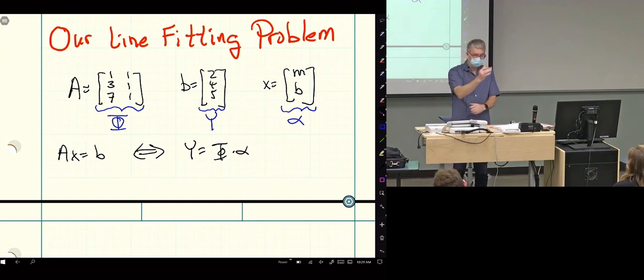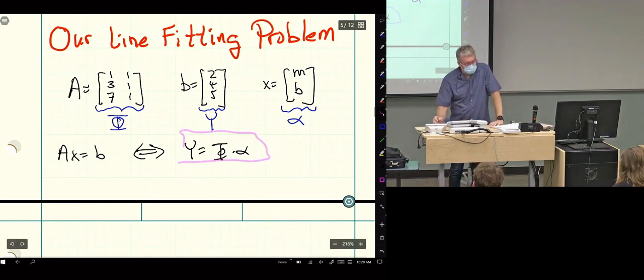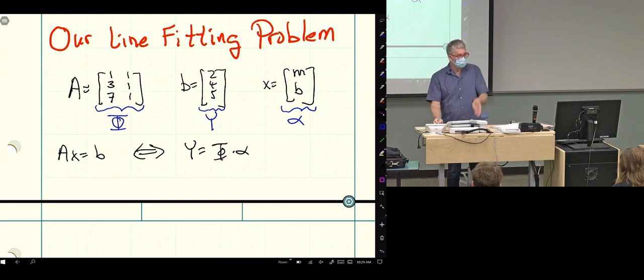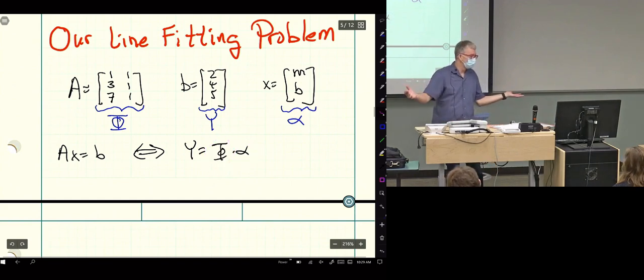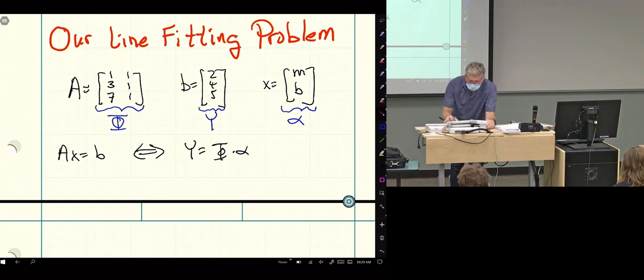We can put the B on the right, or we can put the B on the left and the AX over there. It's still an equation, okay? It's just that everybody in the world writes AX equals B, but this is how you tend to write regression problems. Your data, the measured function values, on the left, the regressor matrix you build, and then your unknowns on the right. It's just a habit people have, okay?